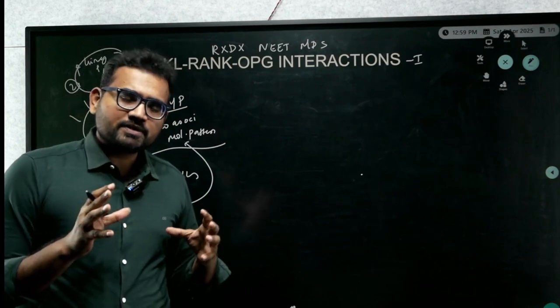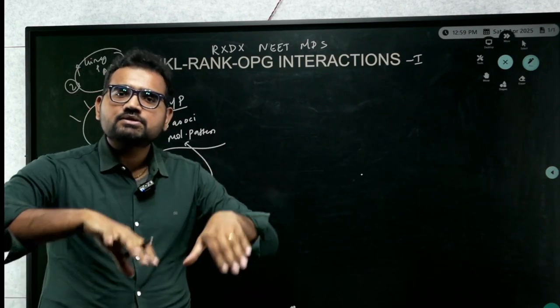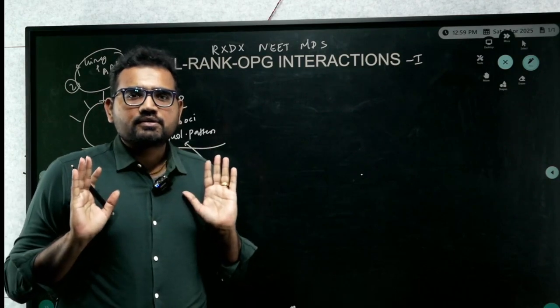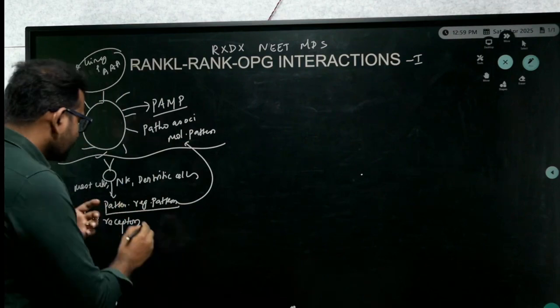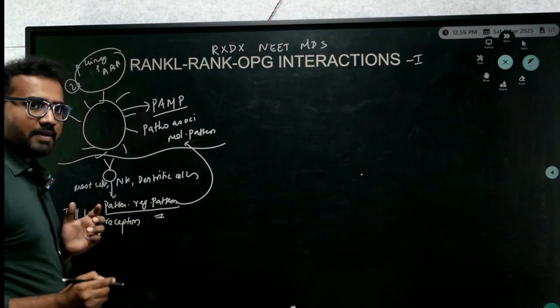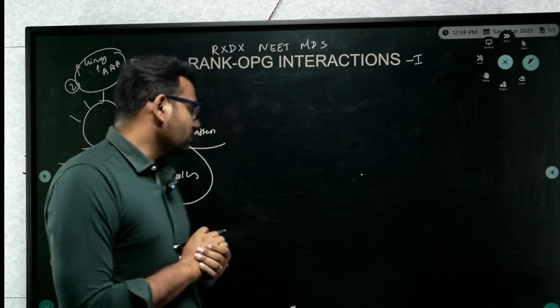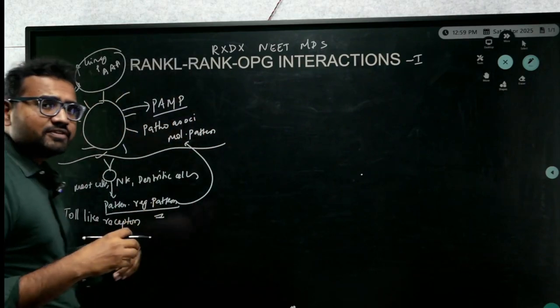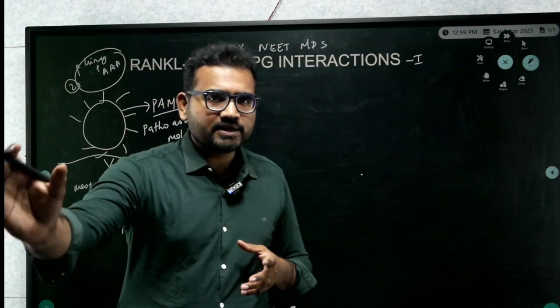So the toll-like receptor, once it identifies the PAMP, it is going to signal certain cells of the body. Very simple. So when this PRR, the pattern recognition receptor, identifies the bacteria, the first thing it will do is tell its friends, see, some enemy has entered the boundary, kindly come and help.